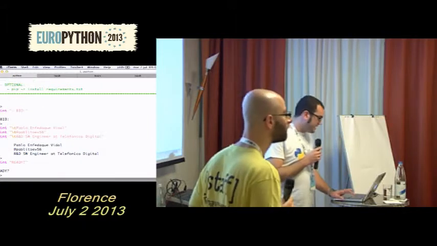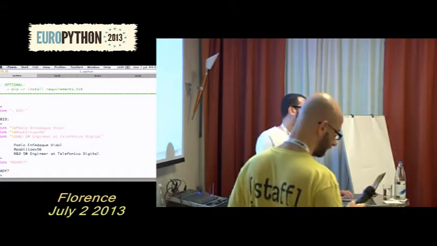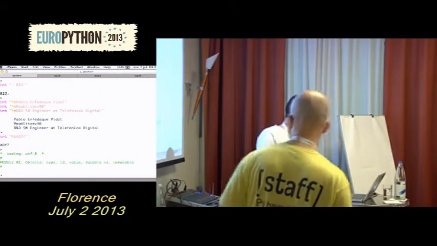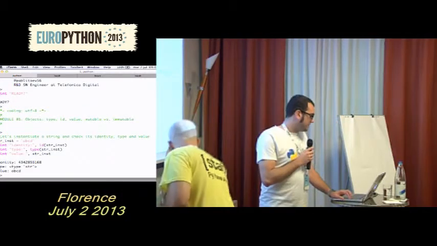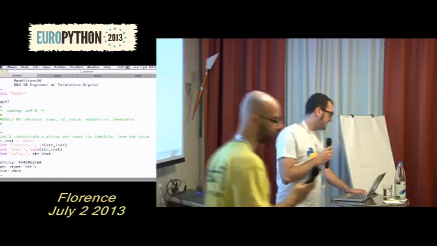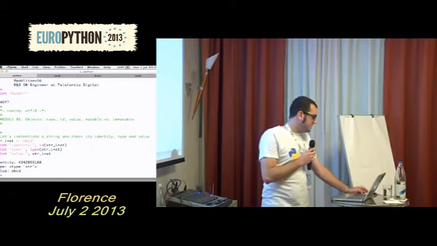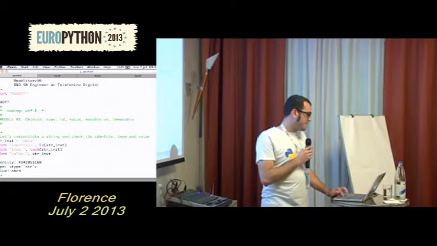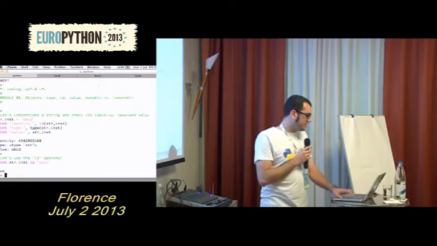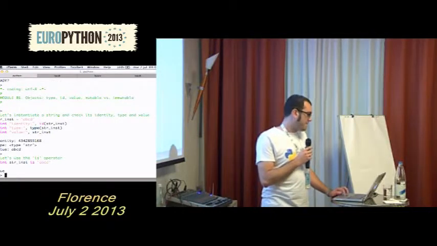Okay, so let's start. First thing, let's check the identity, the type, and the value of an instance of an object. Pretty easy, right? id is a function, type is a function. We get the identity.